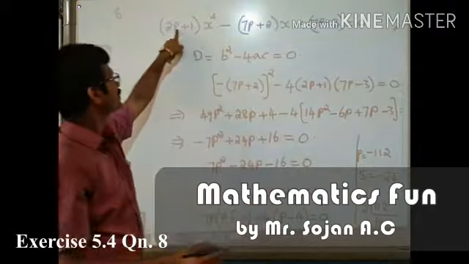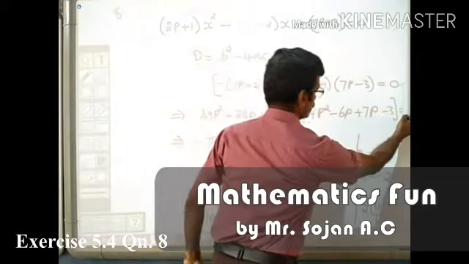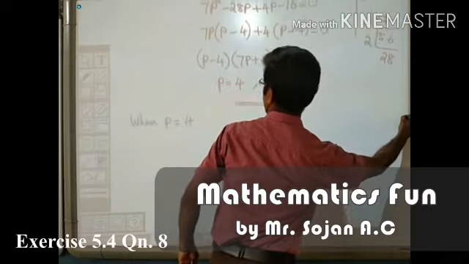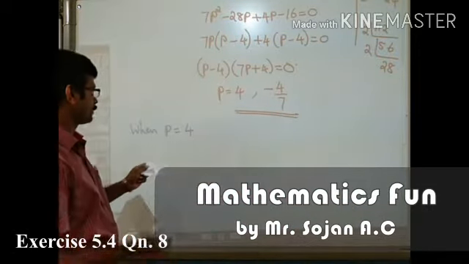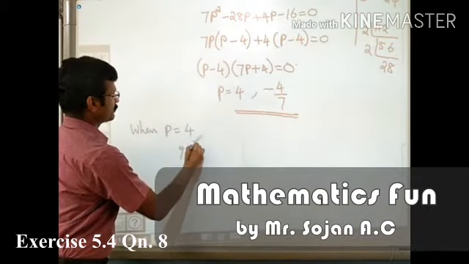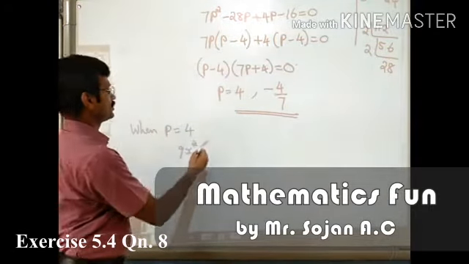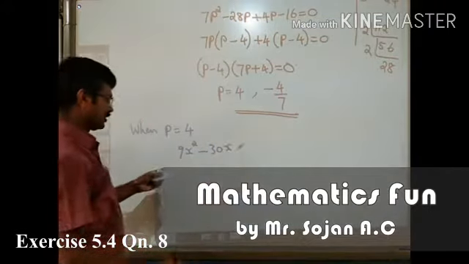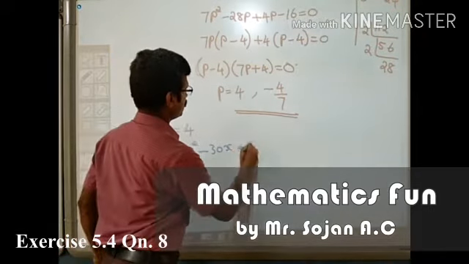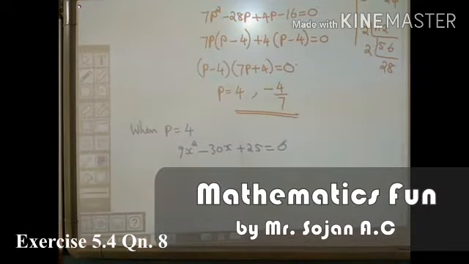In our quadratic, wherever p is there, we have to put 4, and then simplify. So substituting p is equal to 4, it will come 2 into 4, 8 plus 1, 9x square, and the second term p is 4, so 28 plus 2 it is 30x, and next p is 4, 28 minus 3 is 25 is equal to 0. So when p is equal to 4, the quadratic becomes like this.